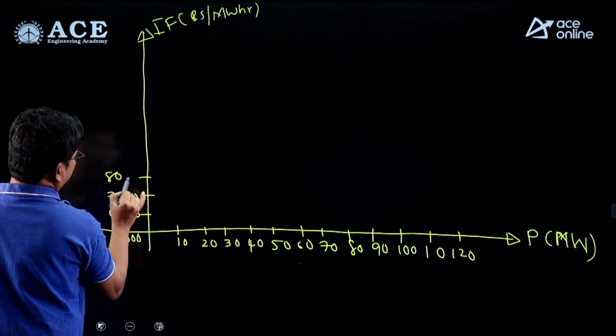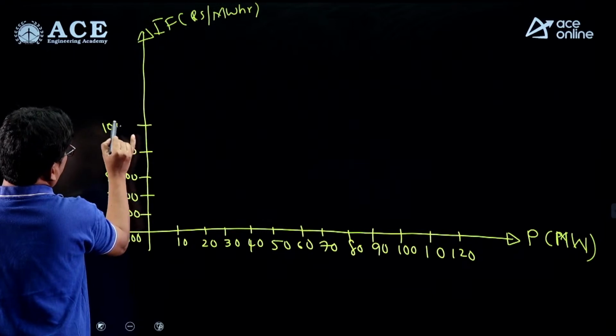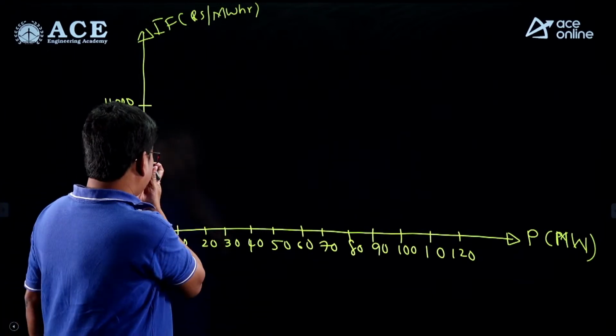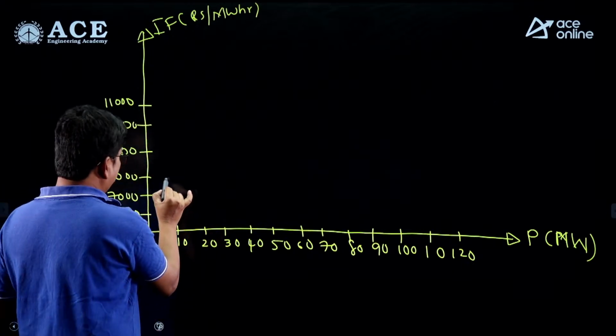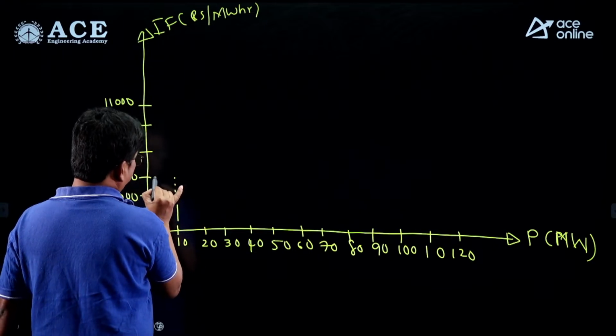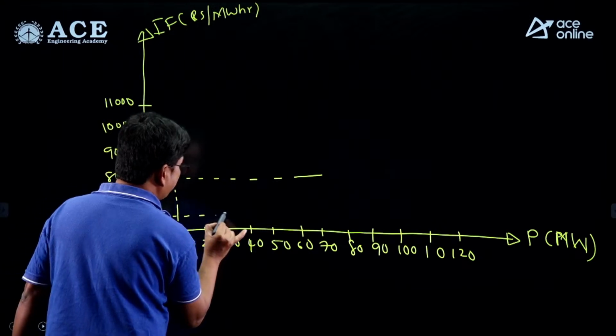Generator A's characteristic starts from this point, and generator B's characteristic starts from this point.